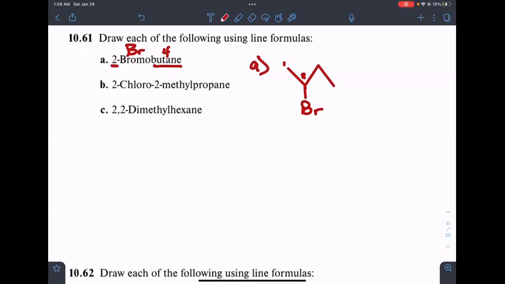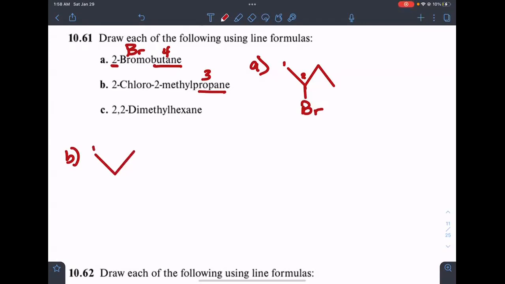2-chloro-2-methylpropane. Propane is 3. Methyl, remember, is just 1 carbon. Chloro is Cl. So I'm going to draw over here, B. Now you could do this a couple of different ways, but go 1, 2, 3, right?